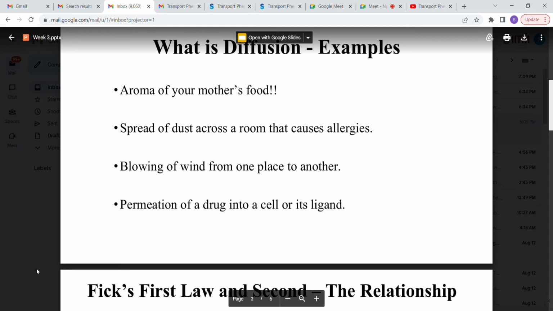So these gradients, these concentration gradients, pressure gradients, they are all the same. In fact, the principles of diffusion can also be applied to heat convection, heat conduction, etc. So because of this differential heating, there's a wind that flows from one place to another.